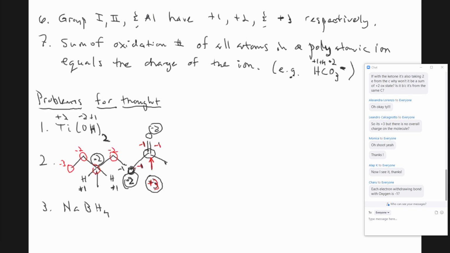All right. Now let's look at the sodium borohydride. So now we know that the hydrogen is attached to a metal, right? Boron is a metal, it's column 3, still part of metals. So what's the oxidation number for hydrogen?